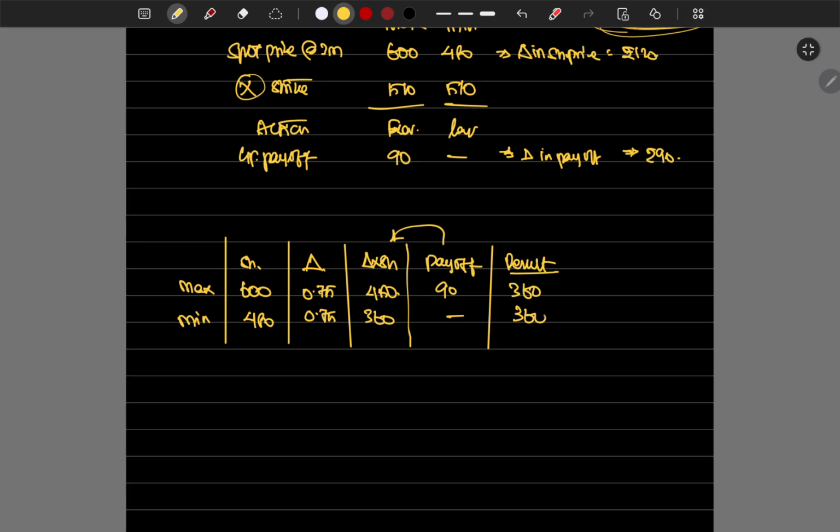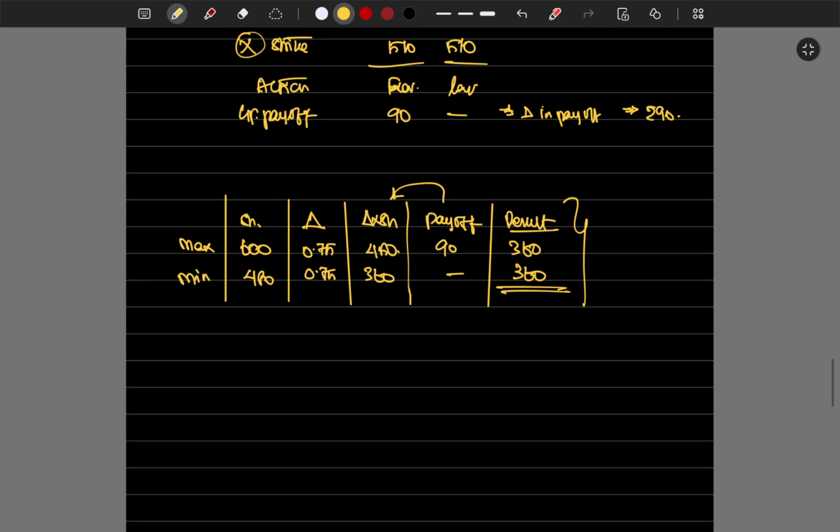360, 360 matched. Always in delta, the max and minimum should be equal, and it is denoted that the portfolio is fully hedged. Okay, so 360 is the portfolio value.